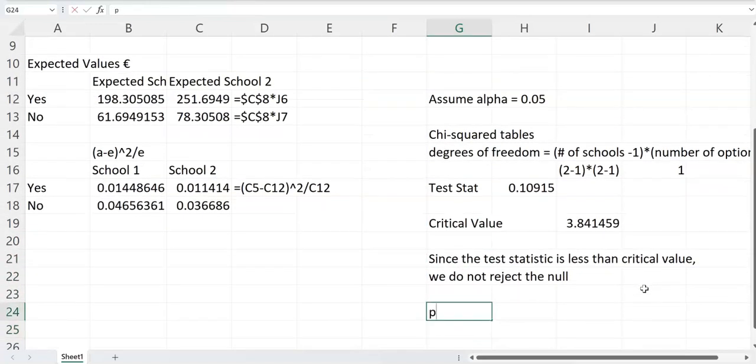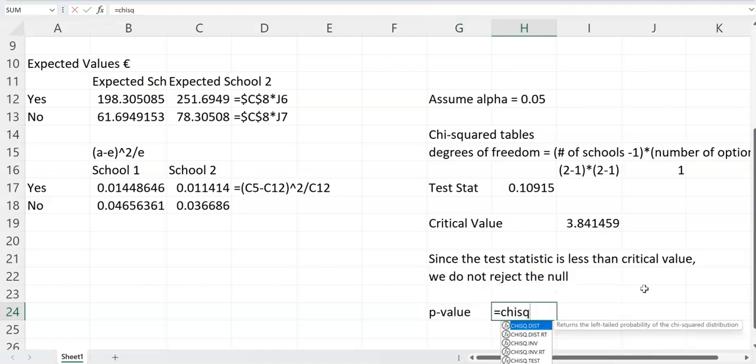If we wanted to find the p-value, we would do equals CHISQ.DIST.RT. The x would be the test statistic up here, and the degrees of freedom that we calculated is 1. And we get 0.74, so of course it is greater than 0.05, so we do not reject the null.